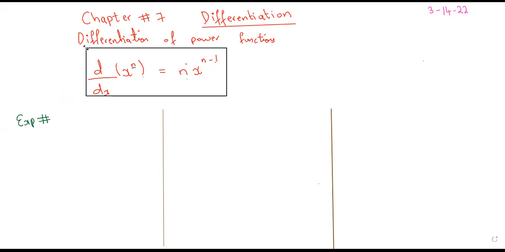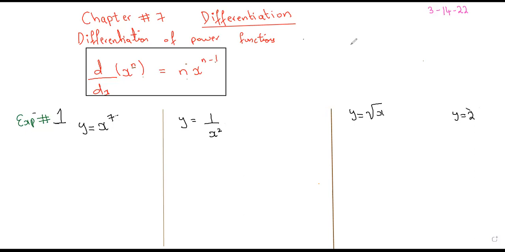This is the formula. Example number 1 is y equals x to the power 7, y equals 1 by x square, y equals under the root x, and then the last one is y equals 2.